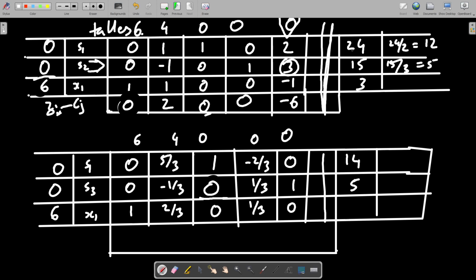This is 3 into 24, that is 72, minus 15 into 2, that is 30. So what remains is 42. So 42 divided by 3 will leave you with 14. Okay, next 3 into 3, that is 9, plus 15. 9 plus 15 is 24, divided by 3, that will leave you with 8.